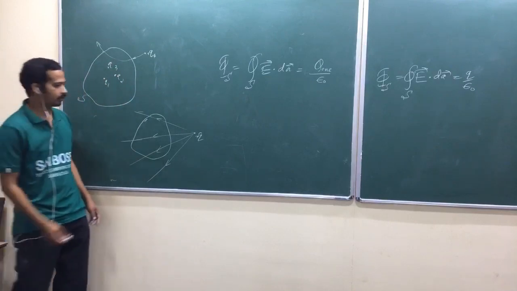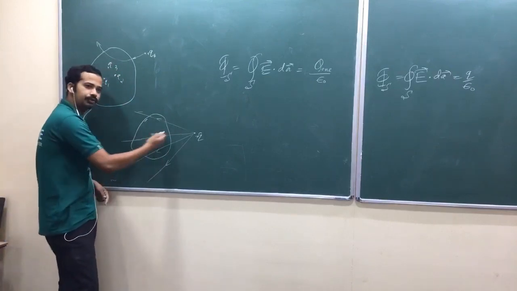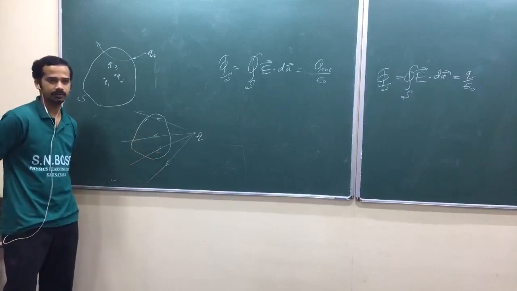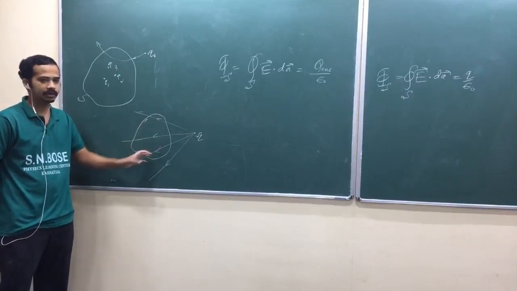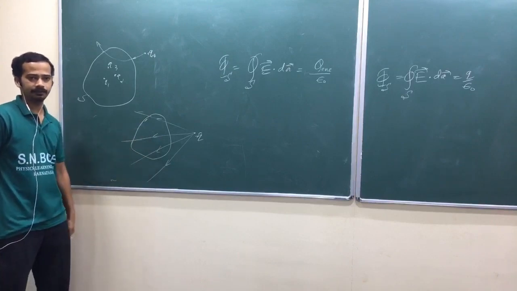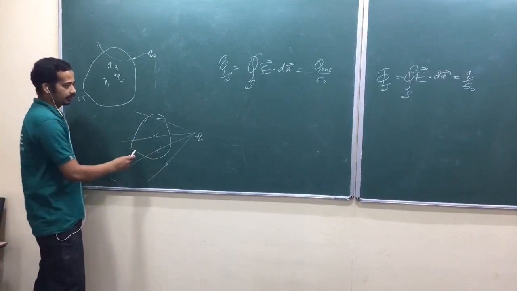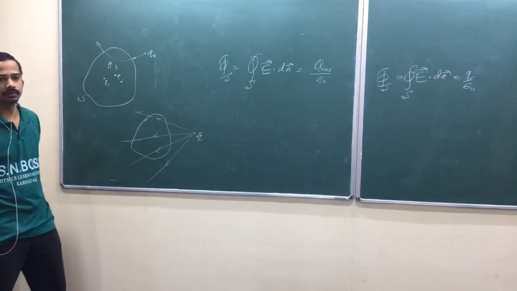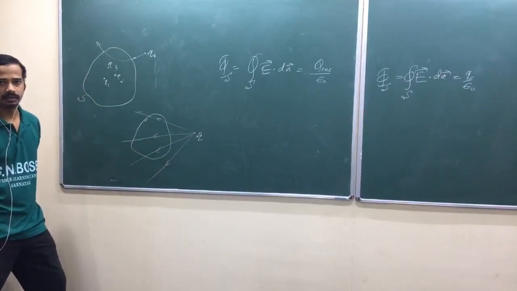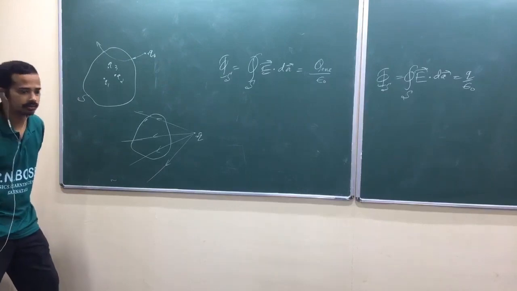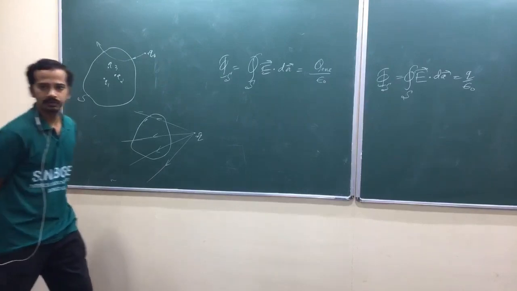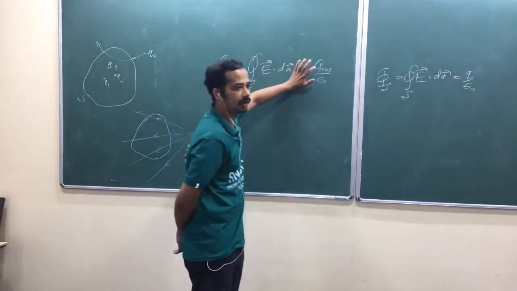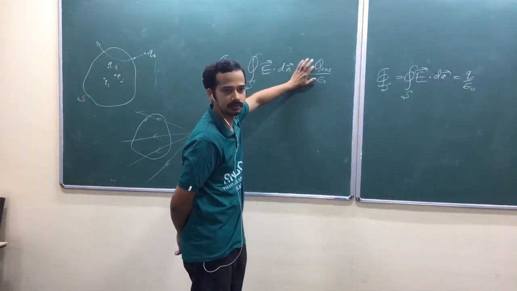Am I right? The number of field lines going inside should have gone outward from another point of the surface, isn't it? Because it will not terminate in mid-air. That's the idea. Is that okay? That's why charges outside the closed surface will never contribute to the flux. So flux always depends on the charge inside.